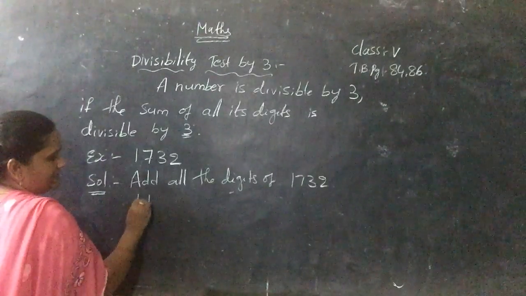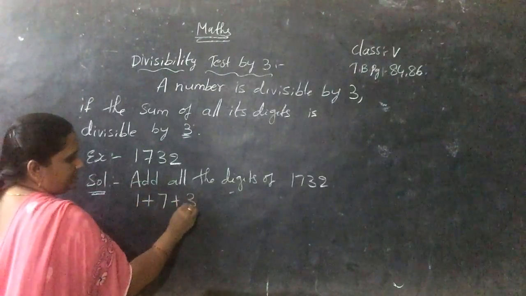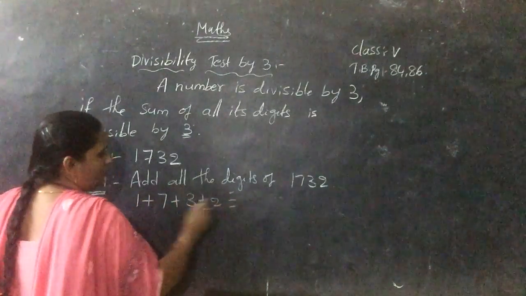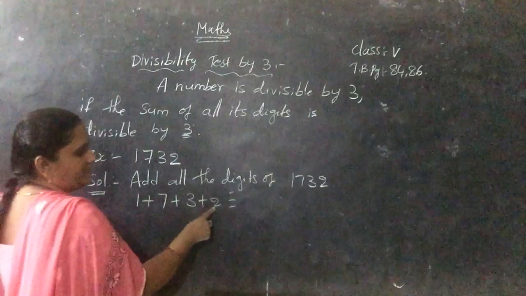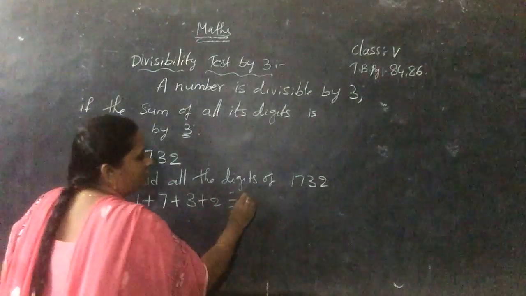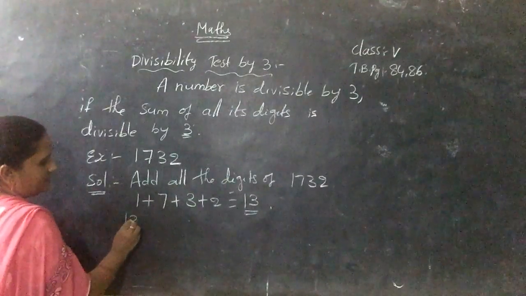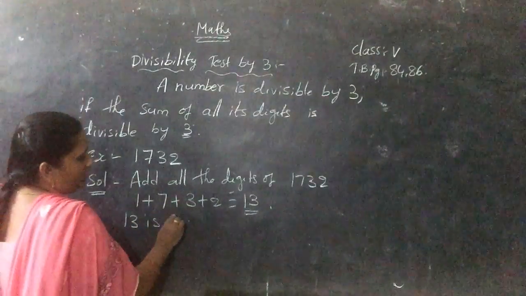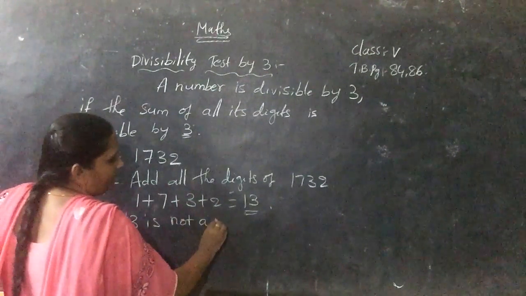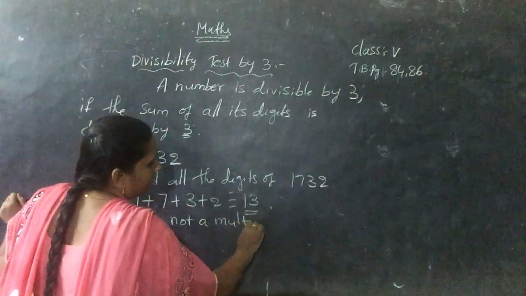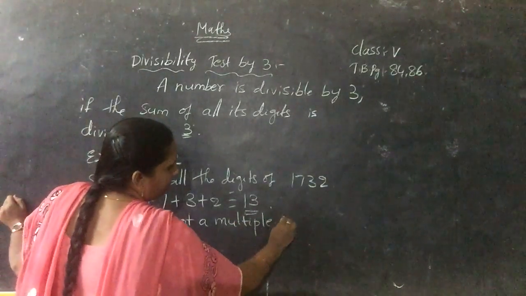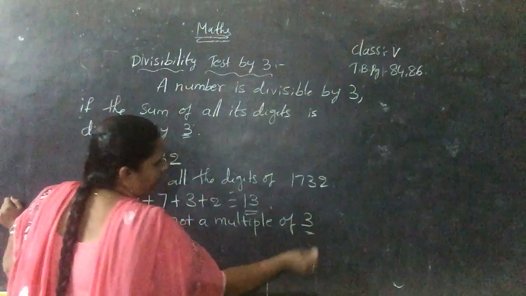So 1 plus 7 plus 3 plus 2. 1 plus 7 is equal to 8, 8 plus 3 is equal to 11, 11 plus 2 is equal to 13. So write down: 13 is not a multiple of 3.